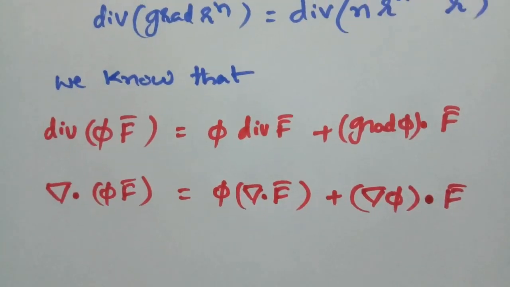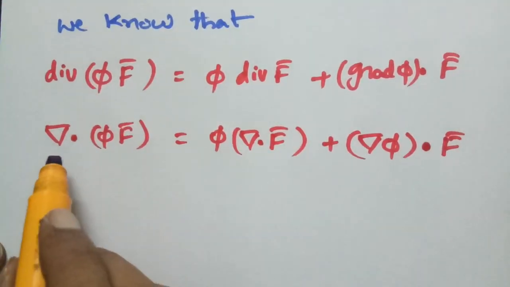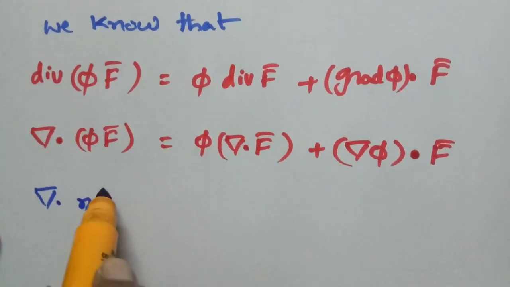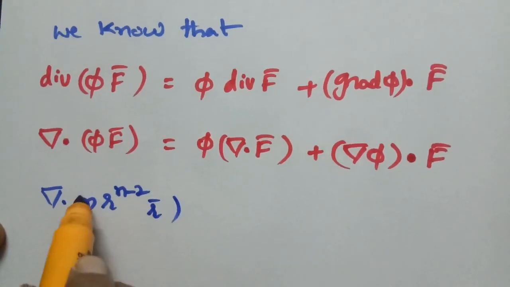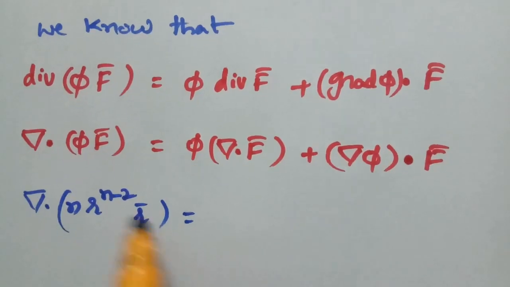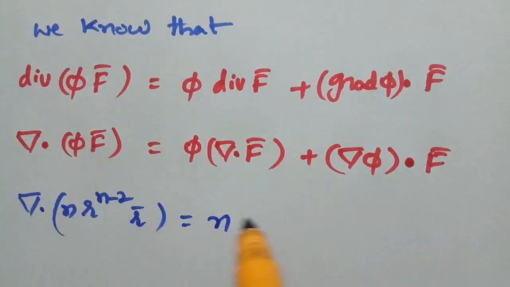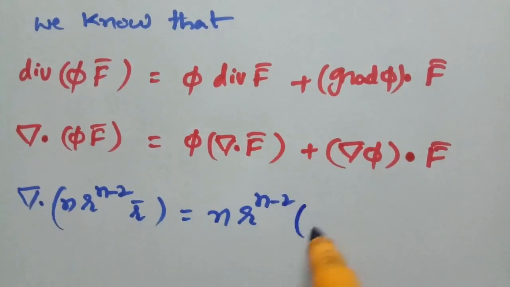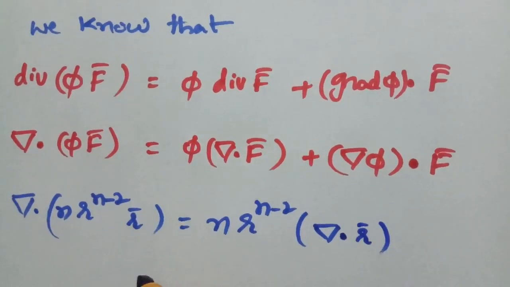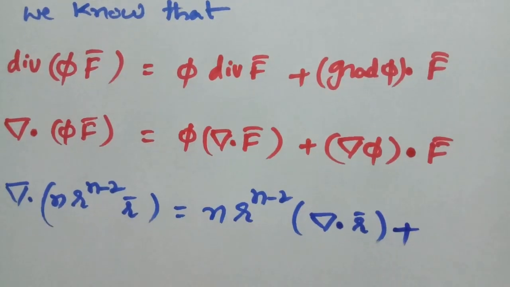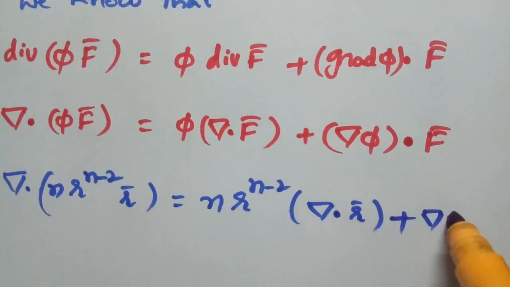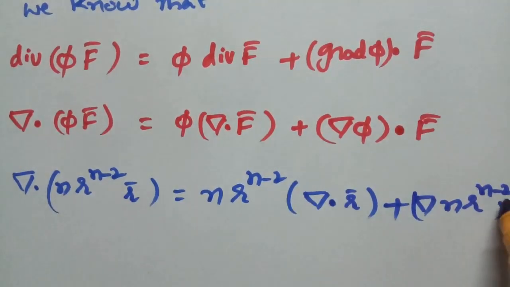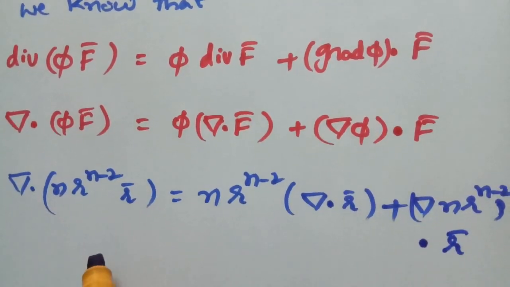Therefore, substituting, del dot phi n into r to the power of n minus 2 into r bar is equal to phi, that is n into r to the power of n minus 2, into del dot r bar, plus del phi, where phi is n into r power n minus 2, dot f bar, that is r bar.